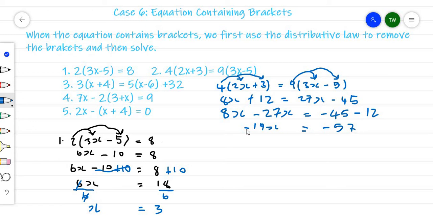Now, in order to determine the value of x, I am going to divide both sides by negative 19. So I'm going to divide this side by negative 19. And I'm also going to divide this side by negative 19.